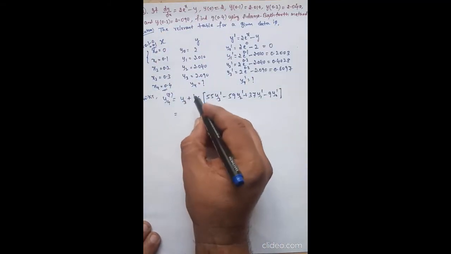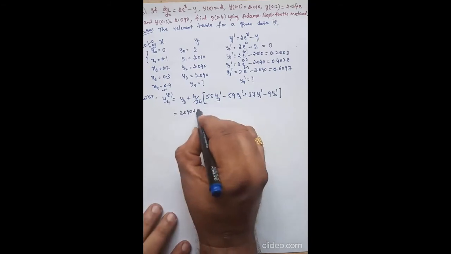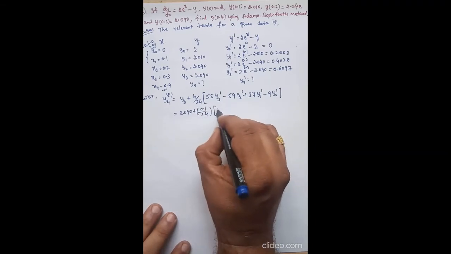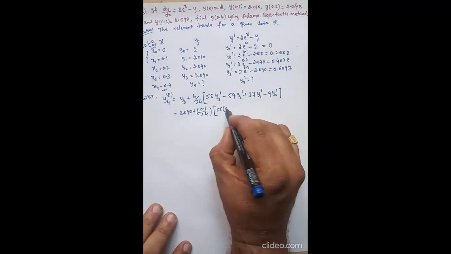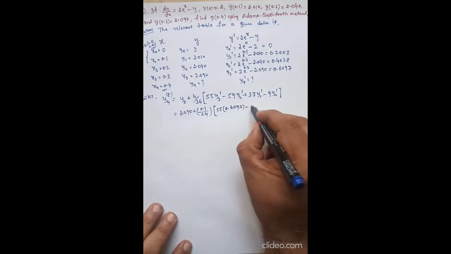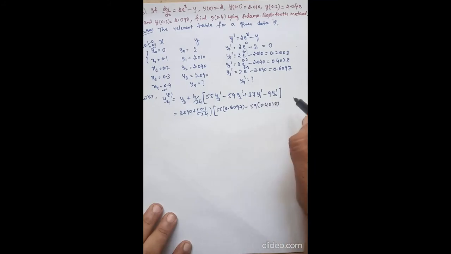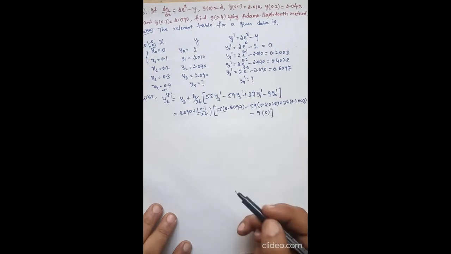This is equal to y3, 2.090 plus h, 0.1 divided by 24 into this is 55 y3 dash, it is 0.6097, minus 59 y2 dash, 0.4028, plus 37 into y1 dash, 0.2003, minus 9 into y0 dash is 0.